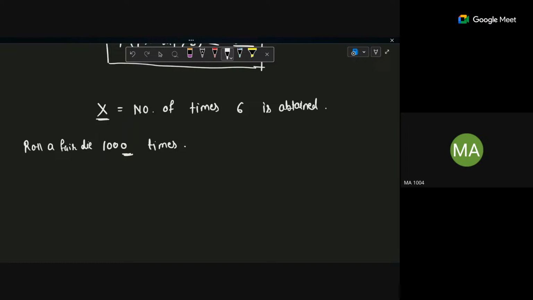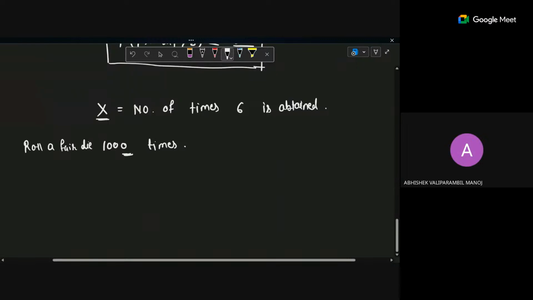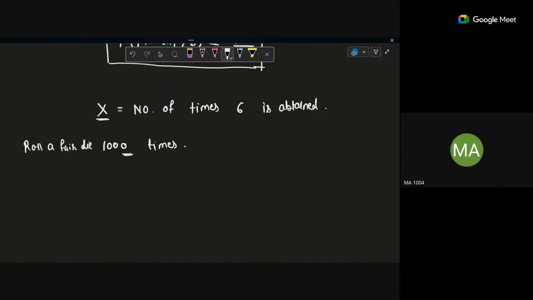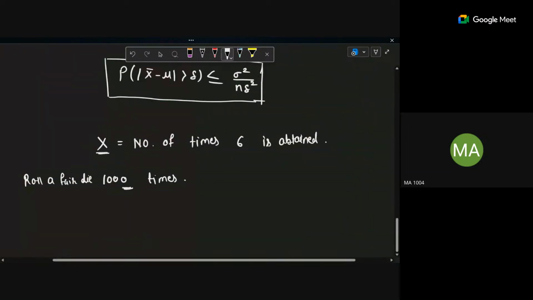So a fair die is rolled 1000 times and there is a random variable denoting the number of times 6 is obtained. How will you get to the weak law of large numbers through this information?